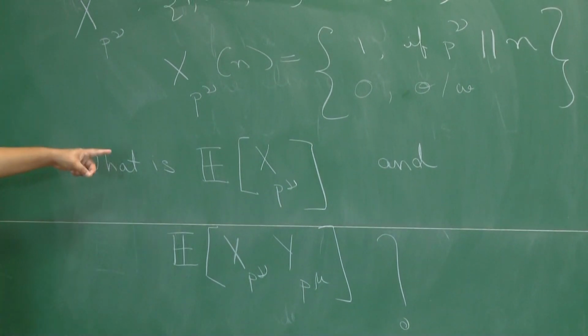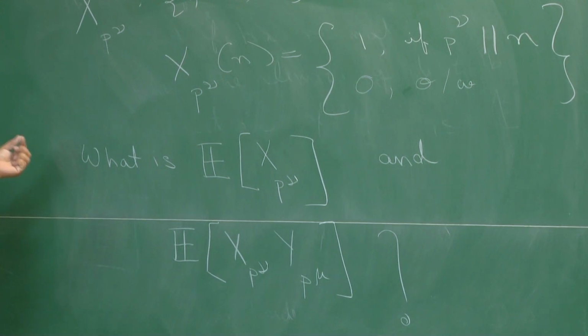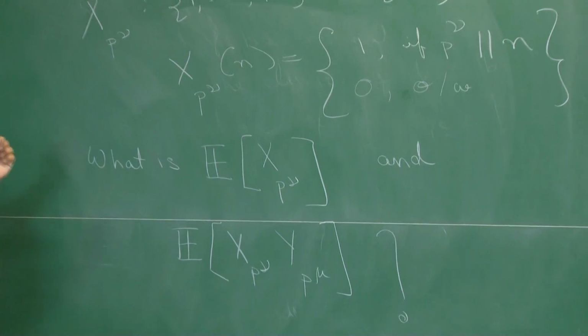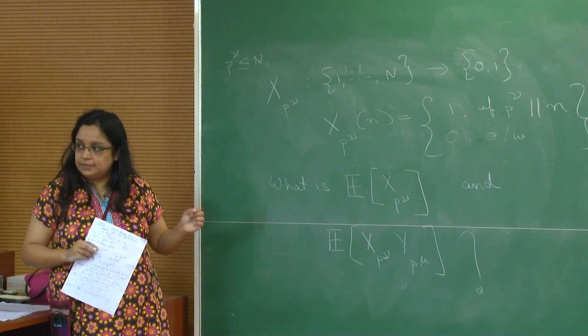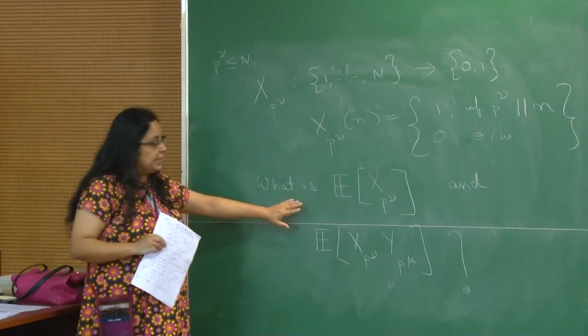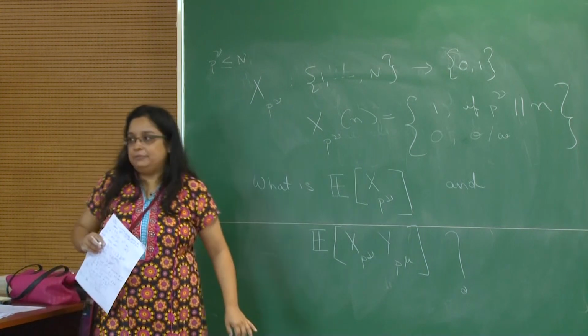You will see once you derive the expected value of these variables, that these are behaving in a very similar manner to geometric random variables with certain parameters. But before that, please do this calculation and we will take this up in our next class. So, I will stop for today.